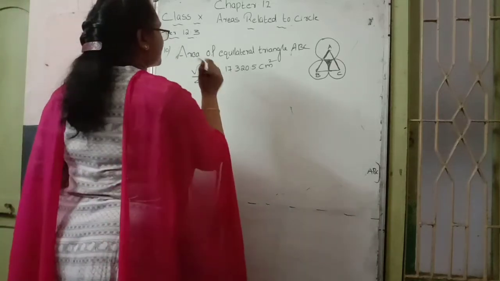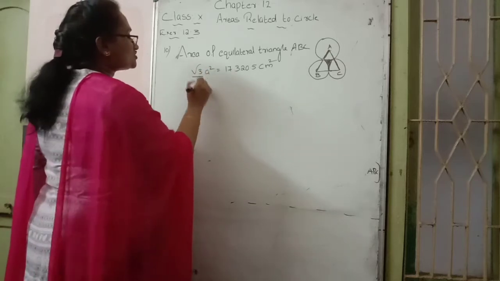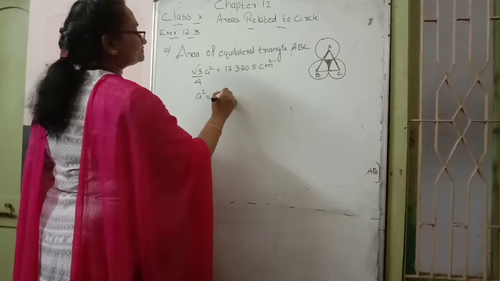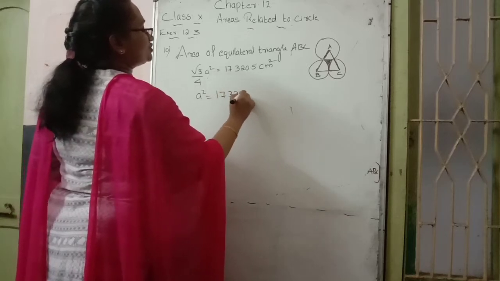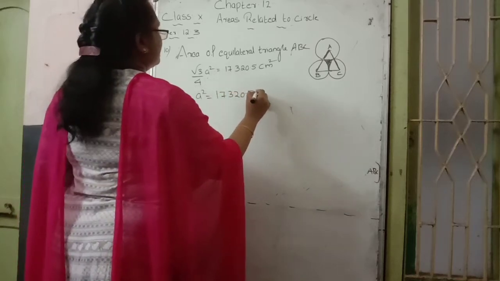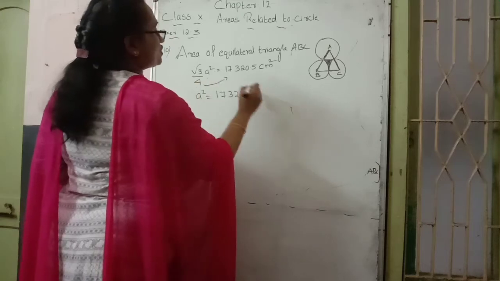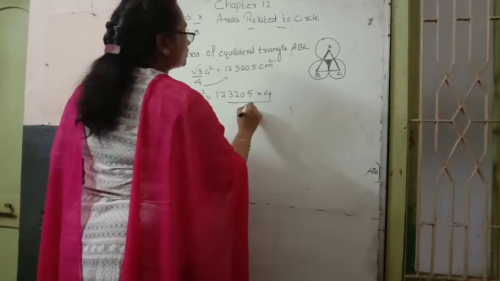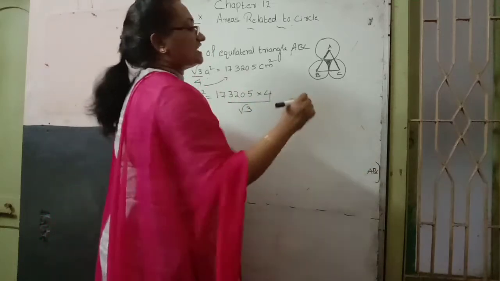How to find the side? This part is sent to the opposite side. a square is equal to 17320.5 into 4 divided by root 3. The root 3 value is also given in the question.